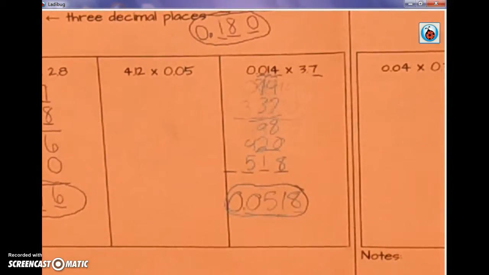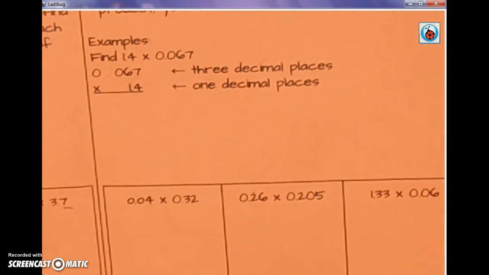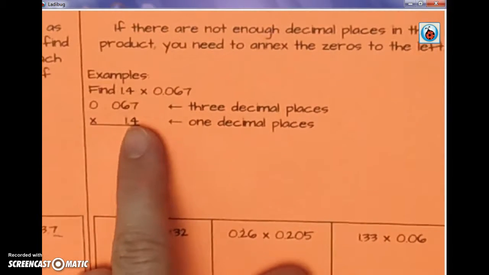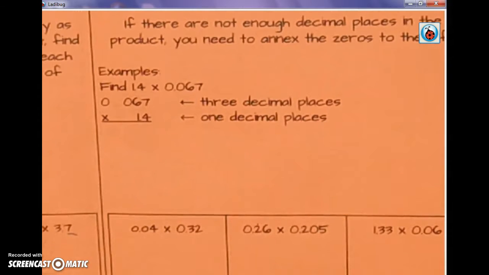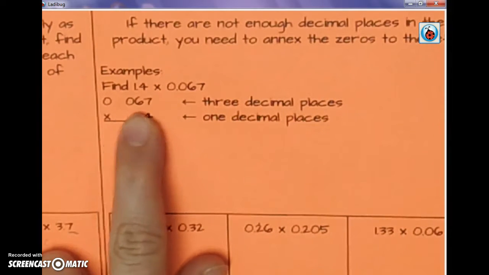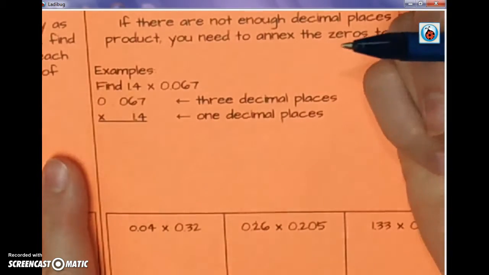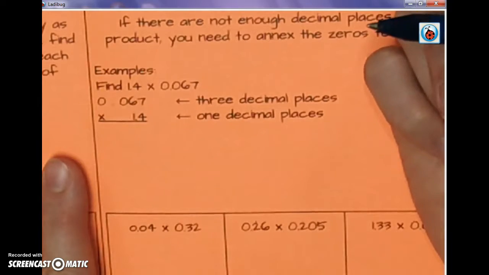Great job. Okay, over on this side, we're annexing a 0. Who knows what the word annex means? Emily. To add a 0. Okay, so let's take a look at this. I'm taking 0.067 times 1.4. So it's like we're multiplying 67 times 14, right?